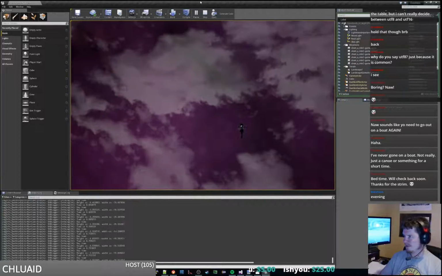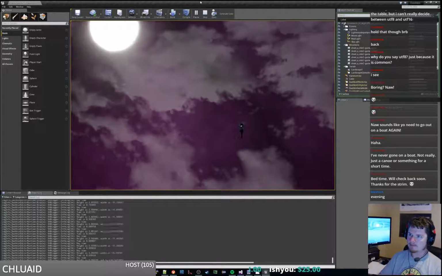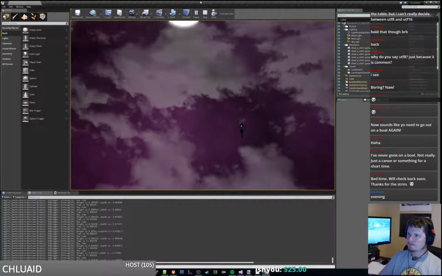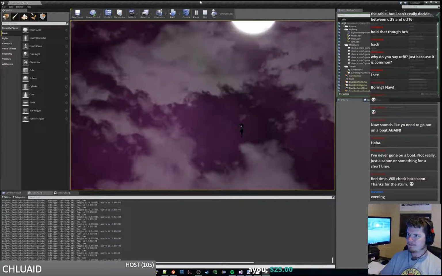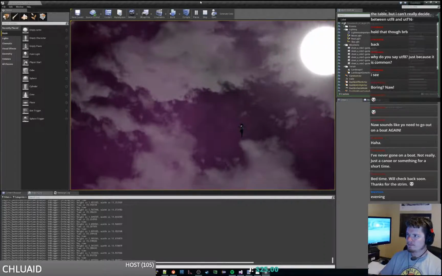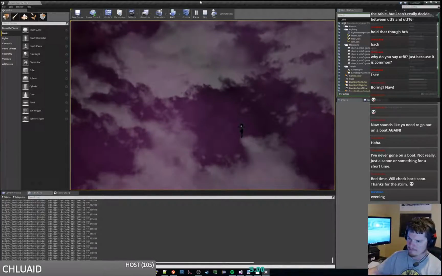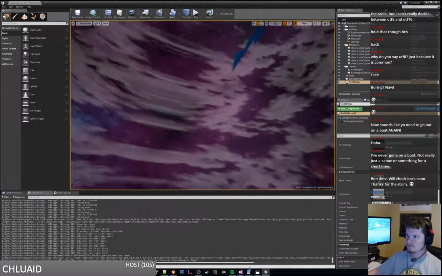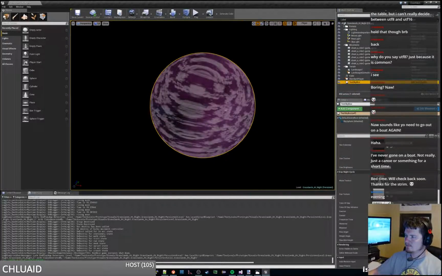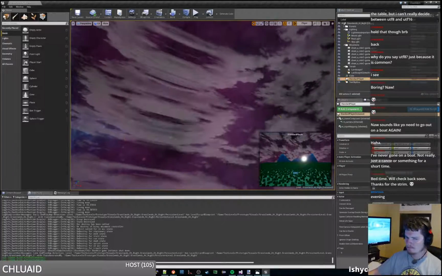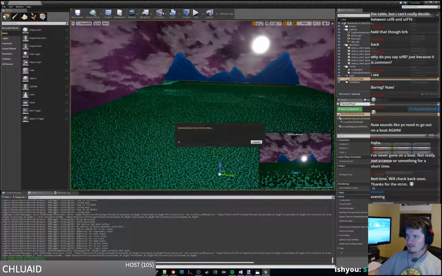So we need to get the moonrise and all that stuff in there as well. So let's get that moonrise going.